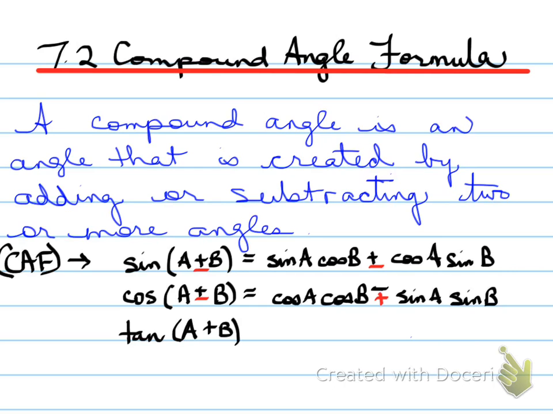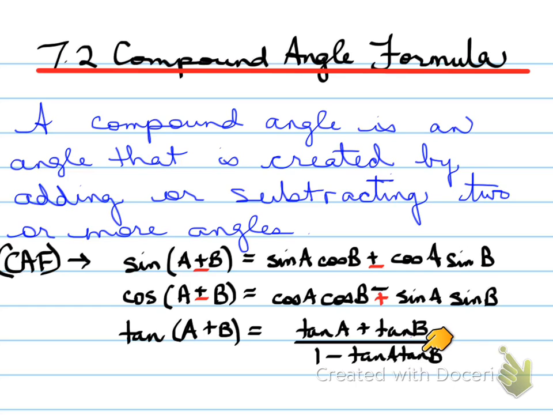Tan A plus B is equal to tan A plus tan B over 1 minus tan A tan B. Now, if you had a minus over here, it will change the signs inside the expression, exactly as shown. So here is the CAF rule for sine, cos, and tan of compound angle formulas.